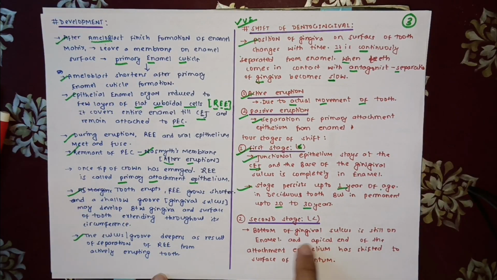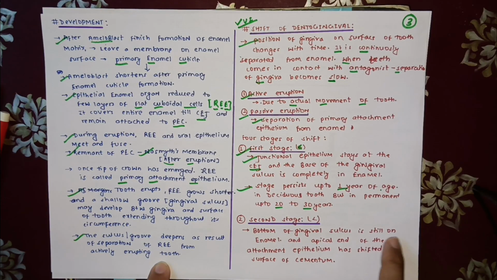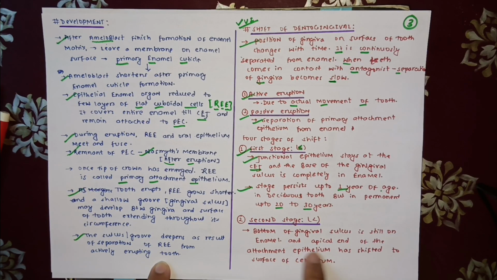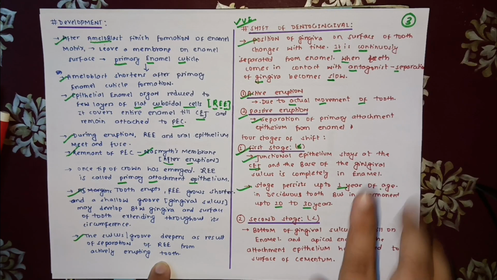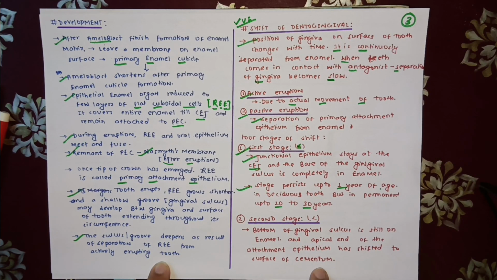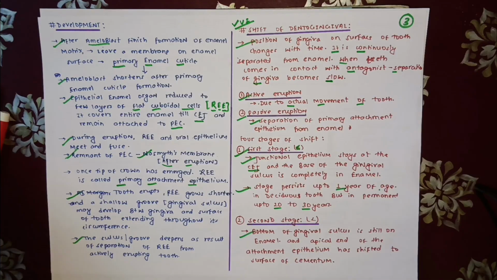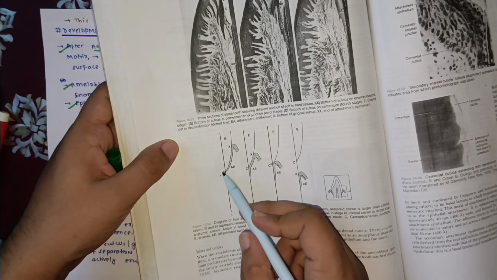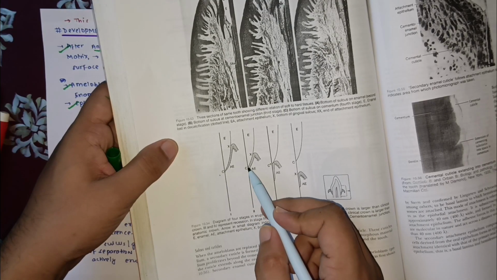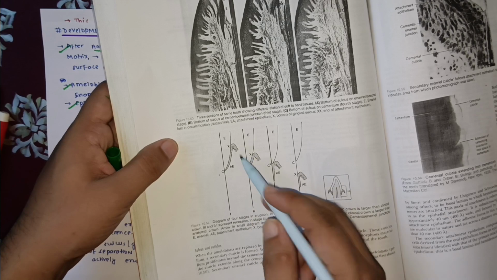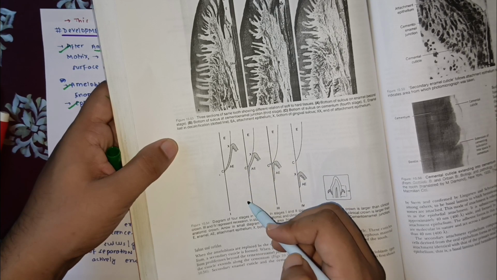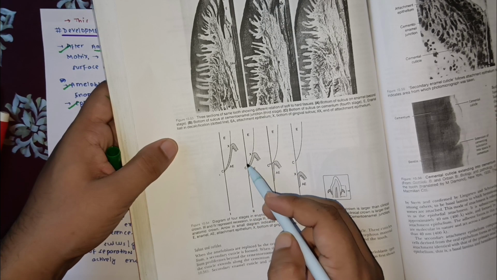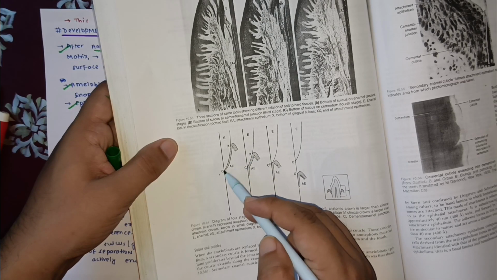After that, in the second stage, the bottom of the gingival sulcus is still on the enamel, and the apical end of the attachment epithelium or junctional epithelium has shifted to the surface of the cementum. I will show the picture again. Previously the junctional epithelium was on the cemento-enamel junction, but now it has shifted downward. Below this is cementum, above this is enamel, and the junction between enamel and cementum is the cemento-enamel junction.